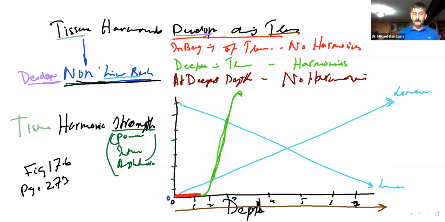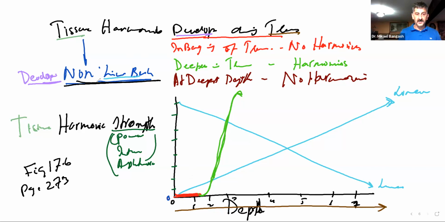Mainly because harmonics develop during transmission. So here we can say your harmonics are not developed yet. Since something is not developed yet, its strength is not going to be built up. Clear? And that's what happens at the shallow depths.